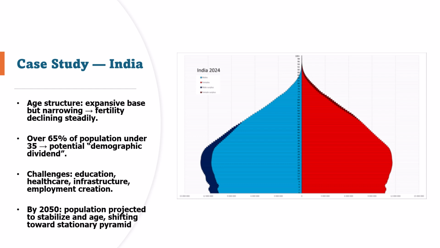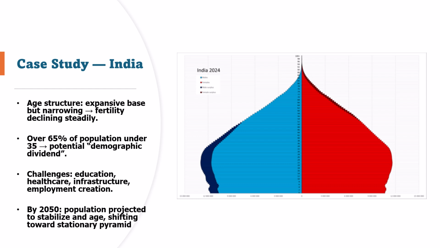Talking of our motherland, India represents a fascinating example of a population in demographic transition. Its age pyramid still shows an expansive base, but the base is beginning to narrow as fertility rates decline and life expectancy rises.